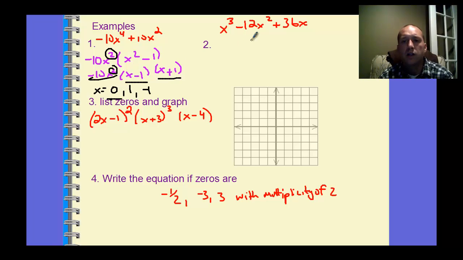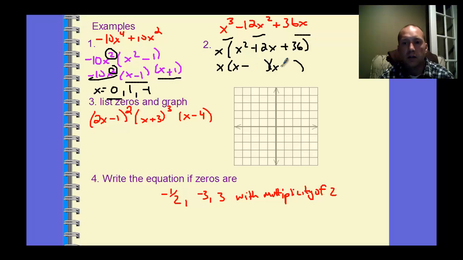So here we can look at, again, they all have an x, so let's factor out an x, and I'm left with x squared minus 12x plus 36. And then we can go through and factor x minus 6 and x minus 6.